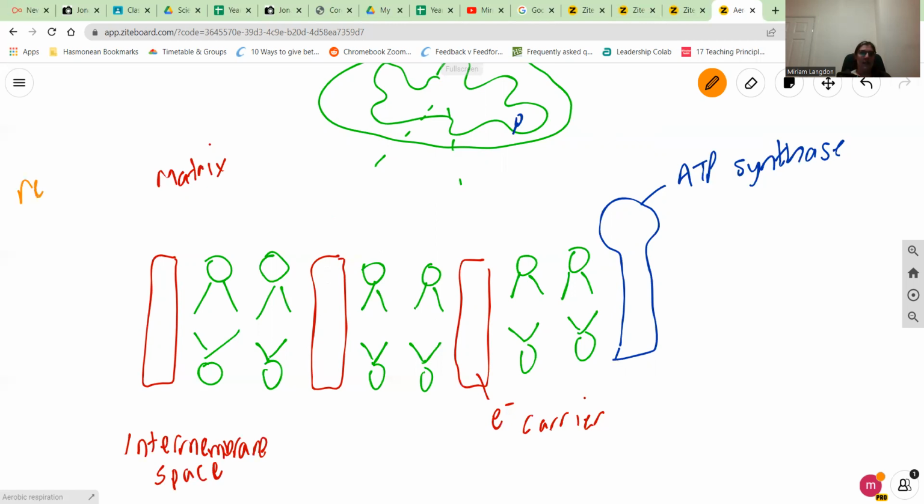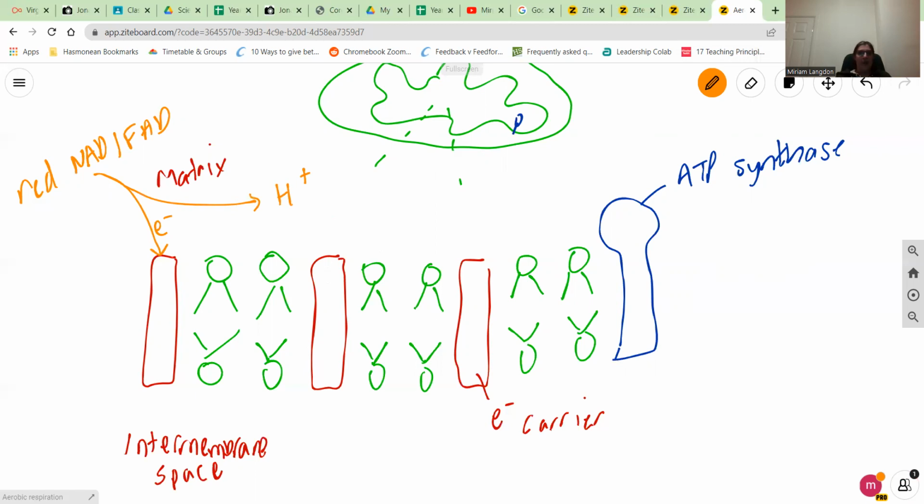So what's going to happen here is actually reasonably simple. The reduced NADs or the reduced FADs are going to come along and they are going to be oxidized, by releasing their electrons to the first electron carrier and releasing their hydrogen ions in the middle. That is the first stage.